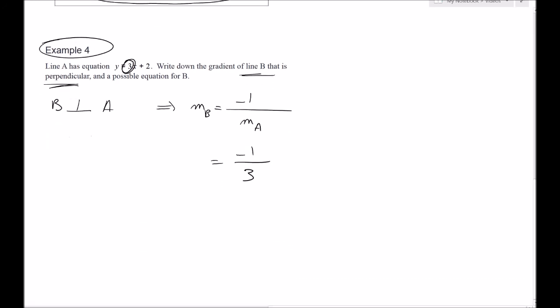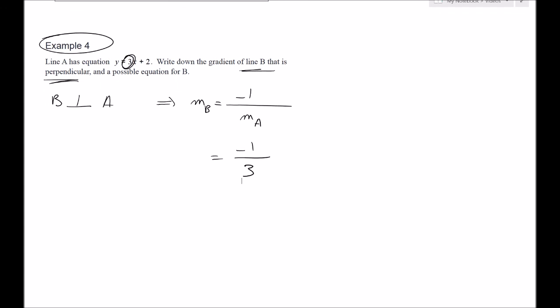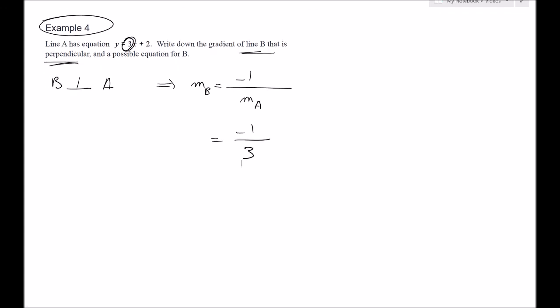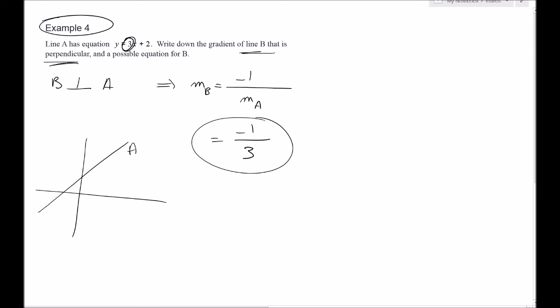Do we know anything else about that line? No. The only thing I know is that my gradient has to be minus 1 over 3. But any equation with a gradient of minus 1 over 3 will be perpendicular to that line anyway. I don't care where that line will be. For example, if I draw A here, like that, any line perpendicular to that, or any line with a gradient like this, will always be perpendicular.